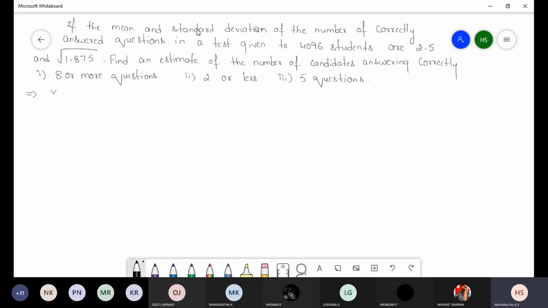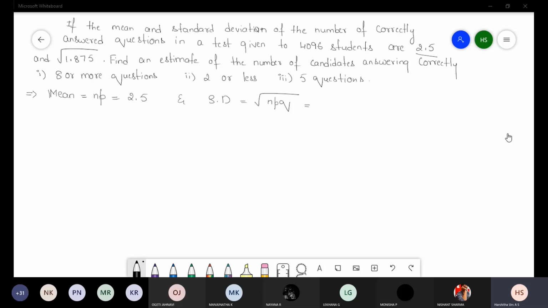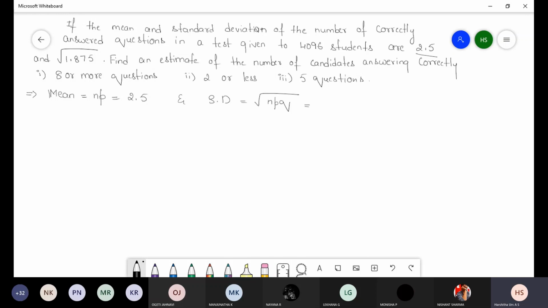Mean is equal to NP, in the binomial distribution mean formula is NP. So here the mean value they have given is 2.5, and the standard deviation is root of NPQ, the formula of standard deviation in the binomial distribution.